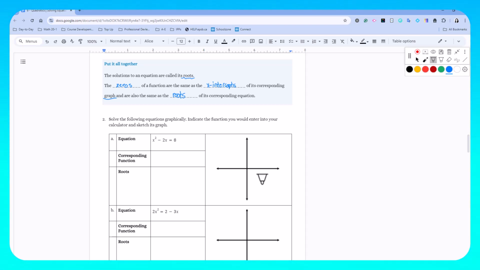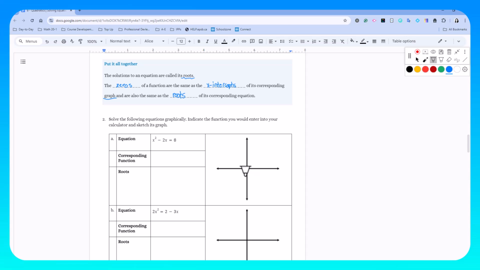Just remind yourself, roots are solutions. Zeros are values that make a function equal to 0, and x-intercepts are points on the x-axis of the graph where the function crosses the x-axis. So keep writing it down a few times and it will eventually become clear.